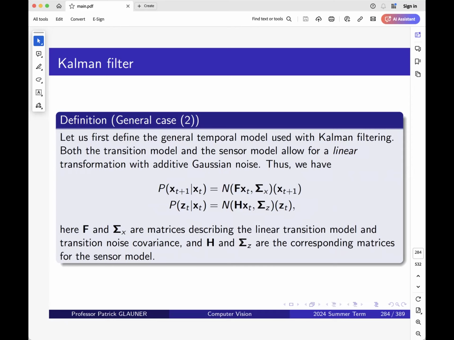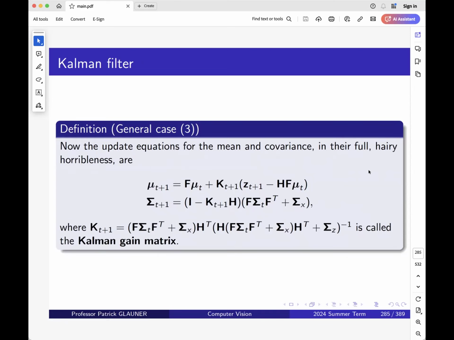And H and sigma z are the corresponding matrices for the sensor. So we have the transition as well as the noise for the transition model. And here we have this for our sensor model and the noise in the sensor. Because the noise before was the sigma, now it's the covariance.